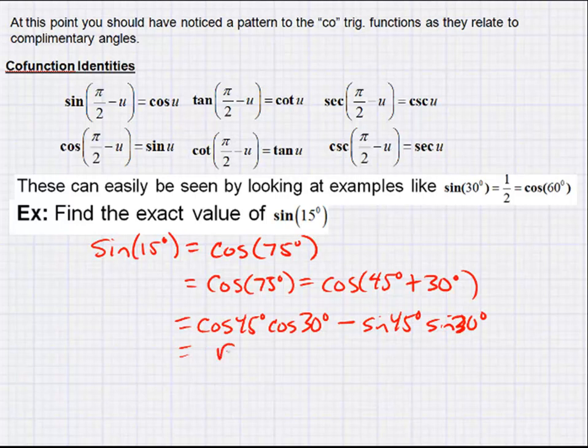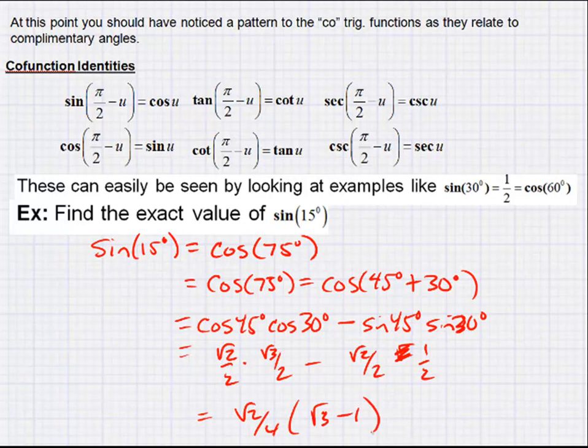That gives me the square root of 2 over 2 times square root of 3 over 2 minus square root of 2 over 2 times 1/2. So I end up with square root of 2 over 4 times square root of 3 minus 1. So that is the sine of 15 degrees.